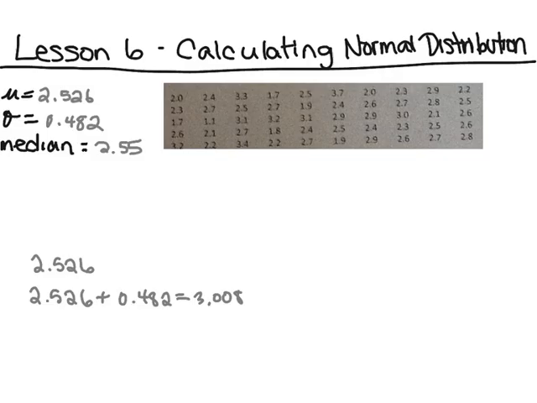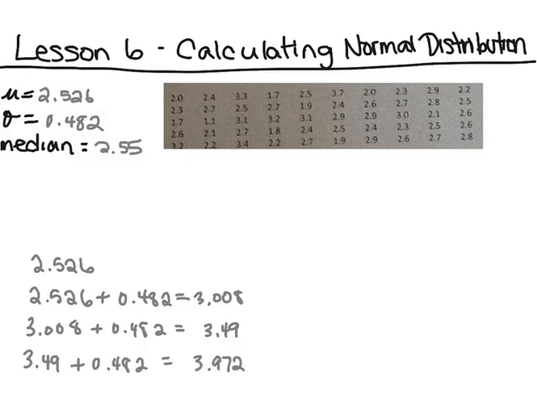We want to do this twice to get all of our intervals. So 3.008 plus 0.482 is 3.49, and 3.49 plus 0.482 is 3.972. So those are our three intervals on the right of the curve.